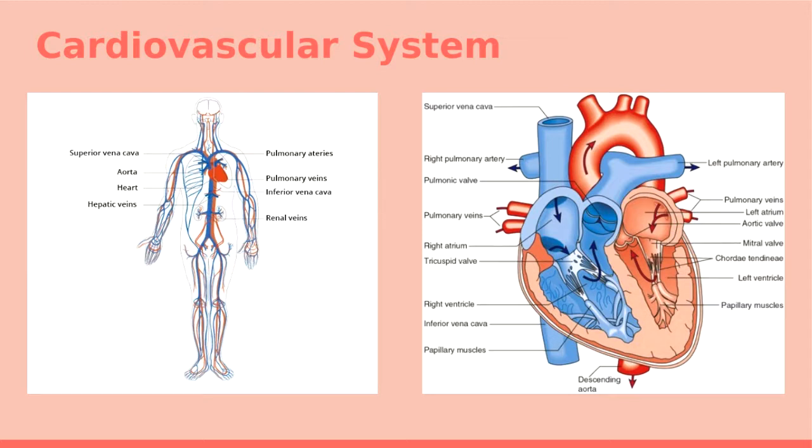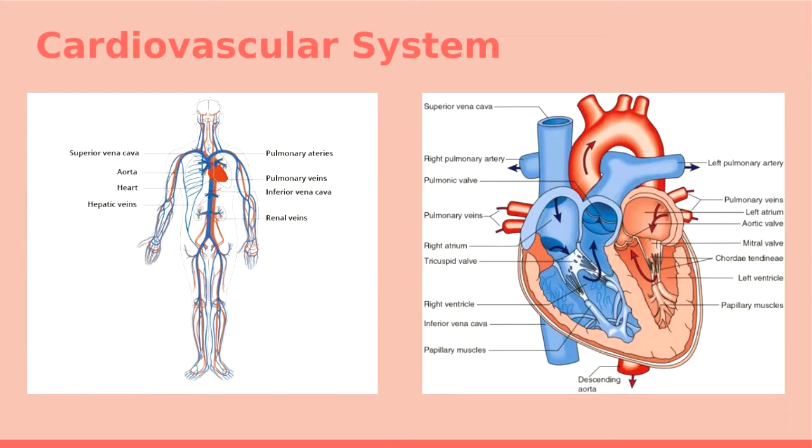As you can see on the picture to the left, is the heart and some arteries in relation to where all these parts are located in the body. And to the right is a picture of the heart. As you know, the heart is like a pump that moves blood through vessels.